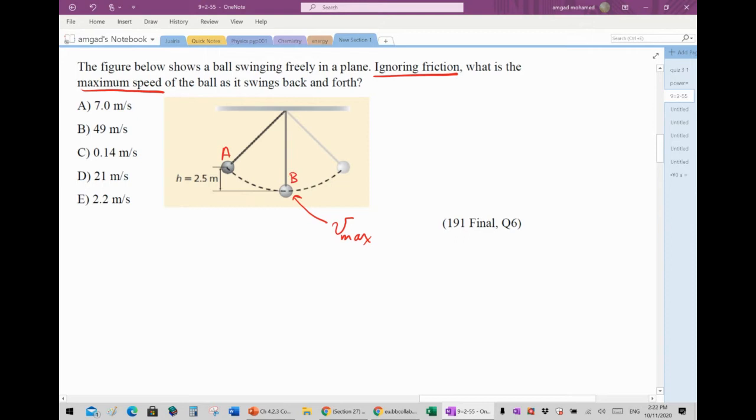I need to find the maximum speed. So this problem is conservation of mechanical energy. Mechanical energy at point A equals mechanical energy at point B. Why conservation? Because he ignored friction and air resistance.